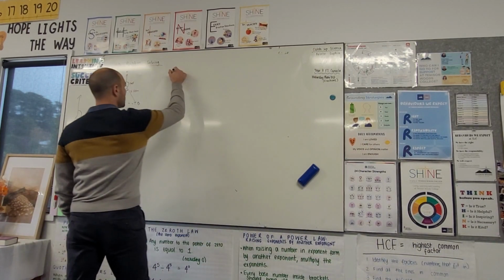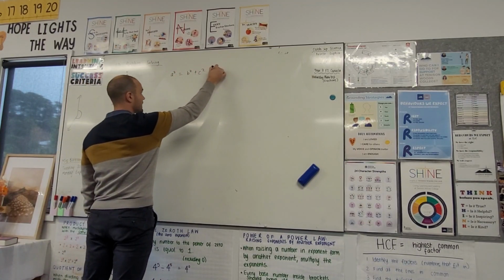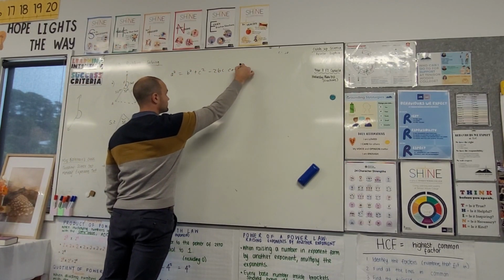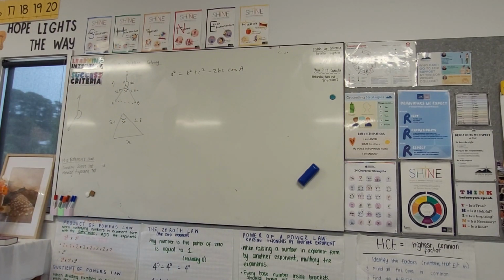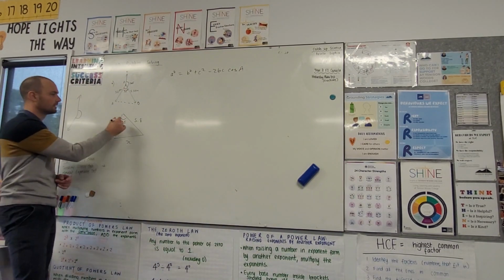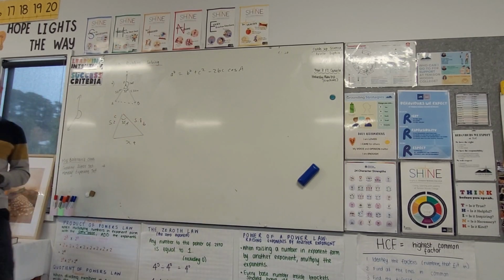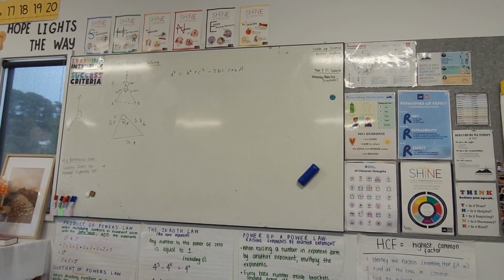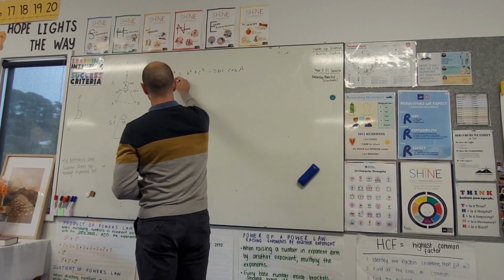So the cosine rule states a squared is b squared plus c squared, take 2bc cos a. Alright, so we're going to label the angle A and the side A, and then these are going to be B and C, right? And we're going to substitute those straight into the formula. So we're going to put x where the A is.